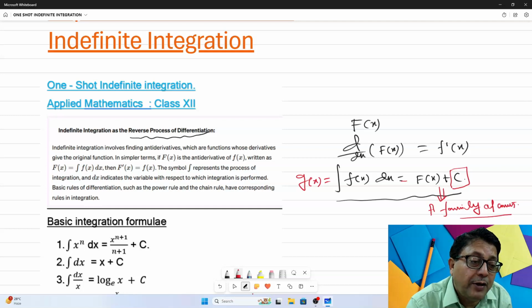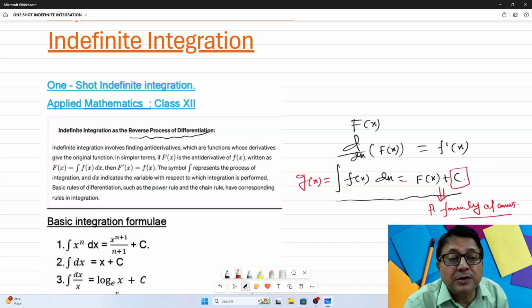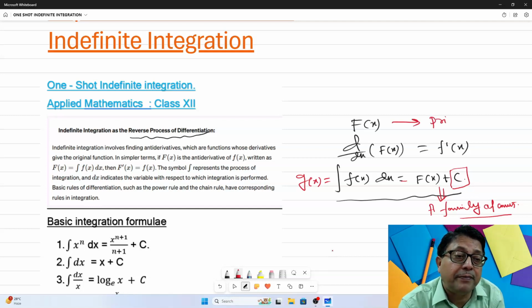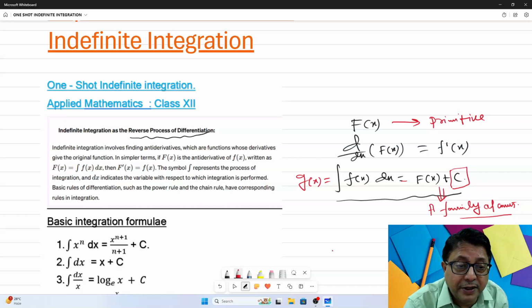But if you know the value of c, then you get a particular curve. Otherwise, if plus c is there, it will represent a family of curves. And here this function f(x) will be referred to as the primitive, and we say that f(x) is the integrand because you are integrating this.